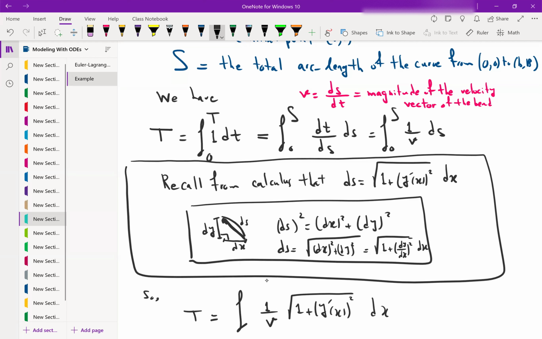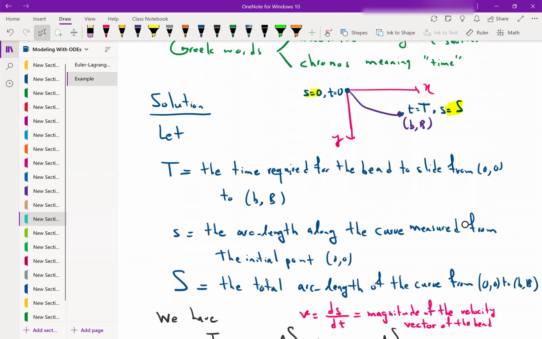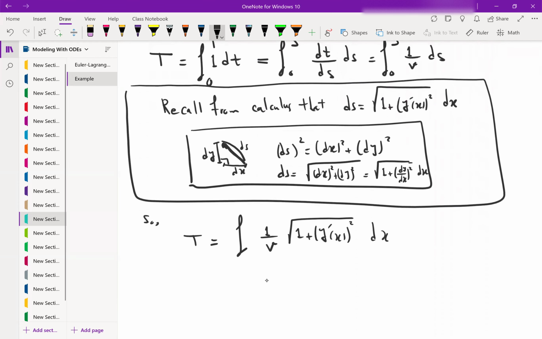And now that I'm integrating with respect to x, I need to use the limits of integration for x. Now look at our picture. What are the limits of integration for x? The x coordinate here is 0. The x coordinate here is little b. So I'm gonna use 0 and b.